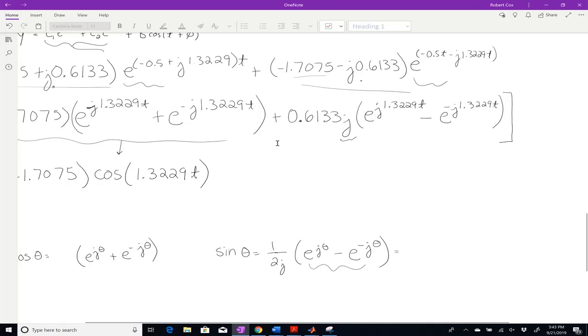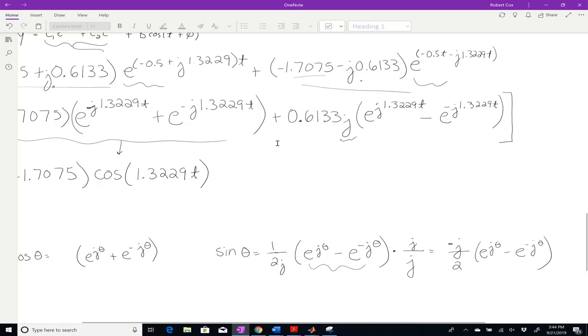One way would be to say, well, what happens if I multiply this expression by j over j, in other words, multiplying by 1? So if I did that, I have j times j on the bottom, which gives me a minus 1, and I have a j on top, so I get minus j over 2 times e to the j theta minus e to the minus j theta, like that.